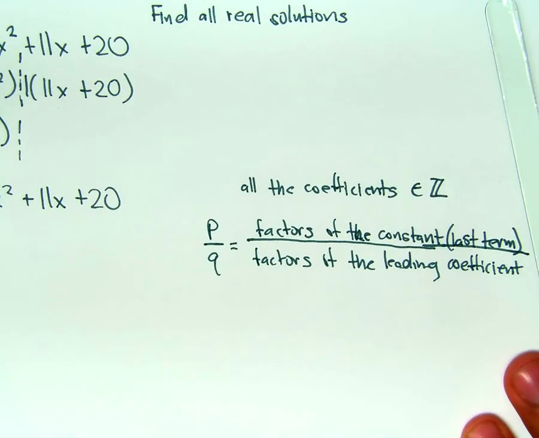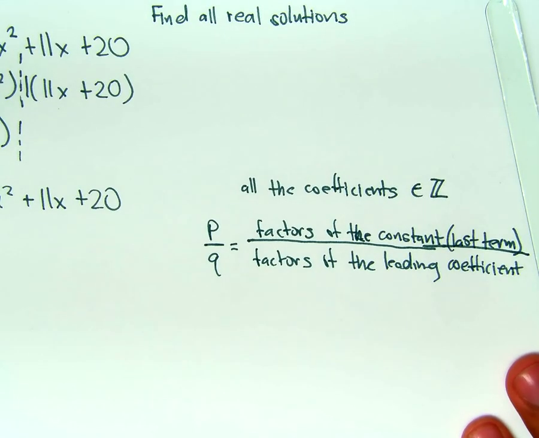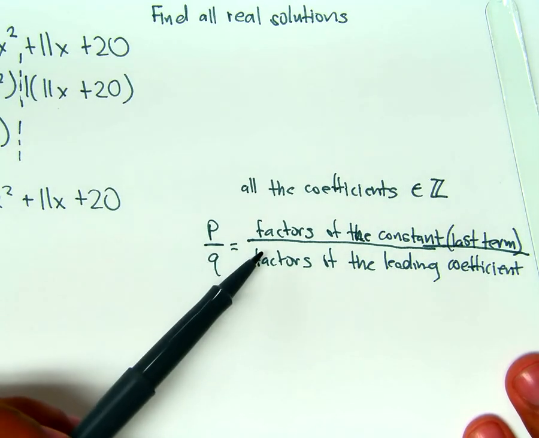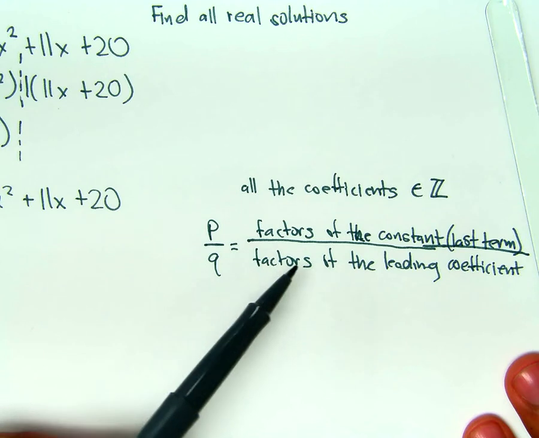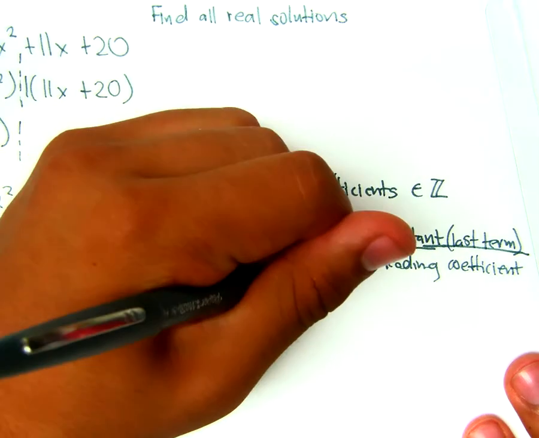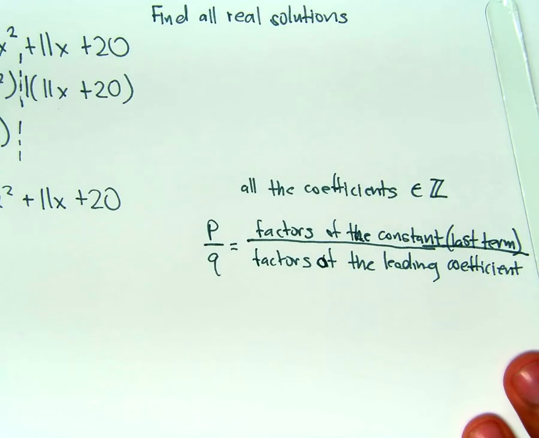It's probably the most words you've ever written in a math class. Okay, so P is the factors of the constant or the last term, and Q are the factors of the leading coefficients. Yeah, you can abbreviate this.